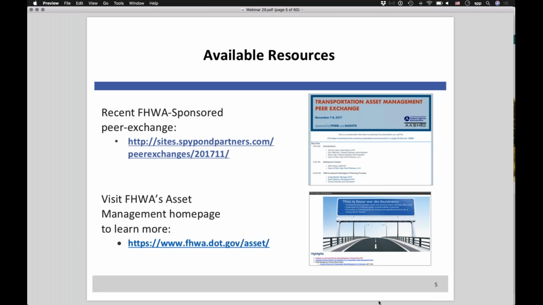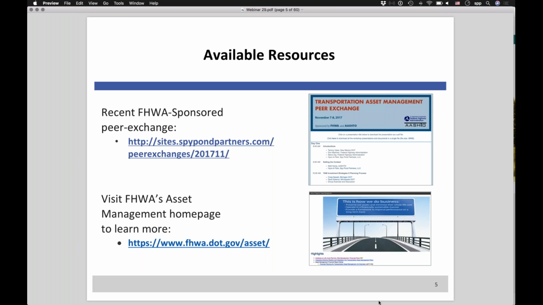Although this topic is still emerging as an area of focus, Federal Highway has some useful resources available. In particular, I want to point you to the recent FHWA-sponsored peer exchange that addressed some of these topics. You can see the URL address here. In addition, I want you to visit FHWA's Asset Management homepage to learn more.